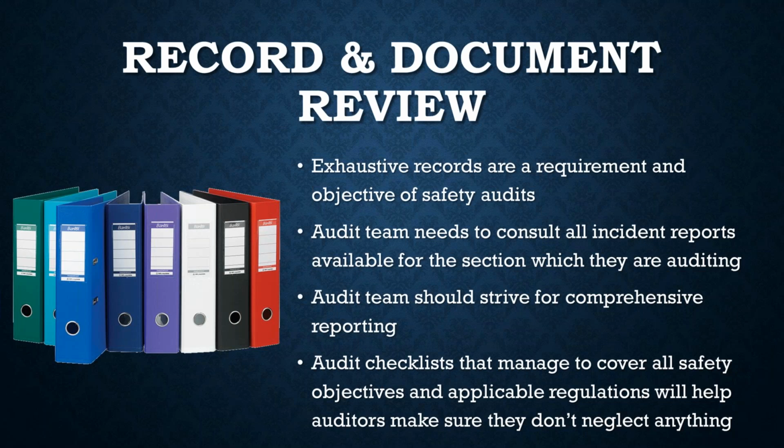Because they're looking at incident reports and trying to develop trends. The audit should be looking at, for example, why are we having incidents on second shift with new employees on a particular piece of equipment? That's a red flag. So you're trying to identify a trend and analyze why these situations are happening. And then the audit team strives for comprehensive reporting.